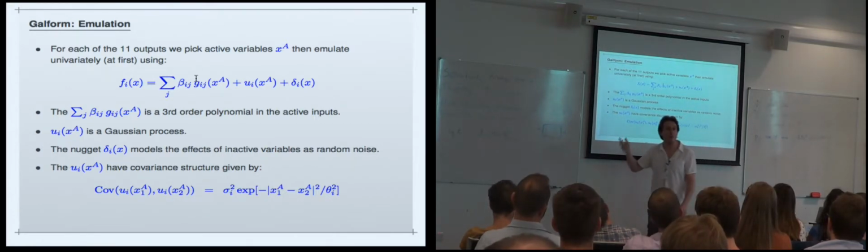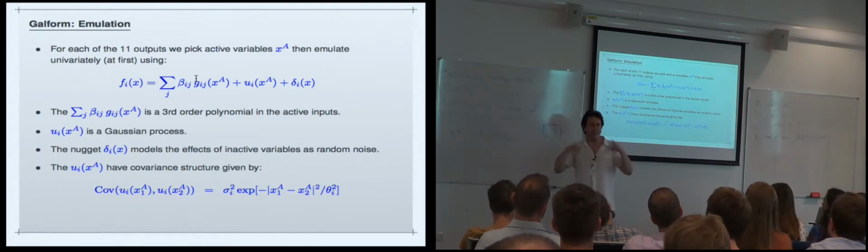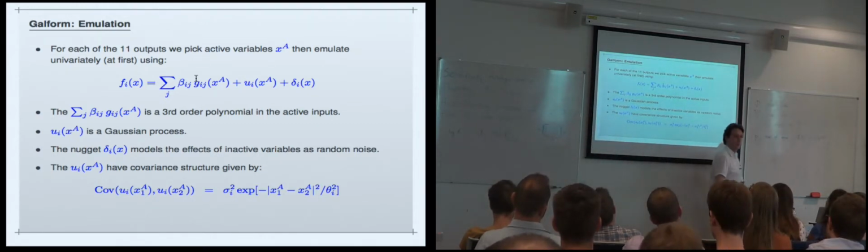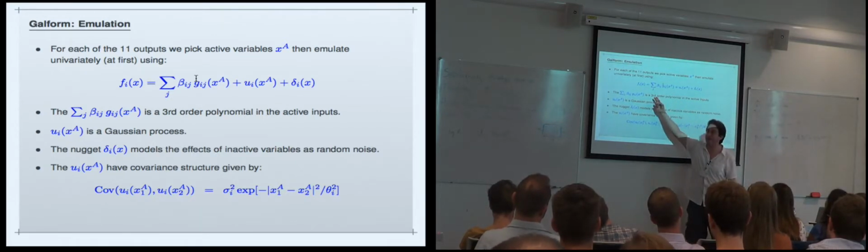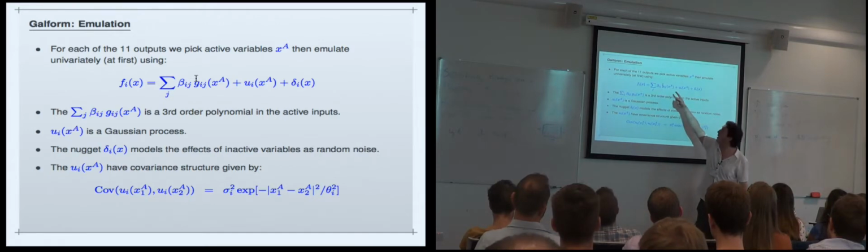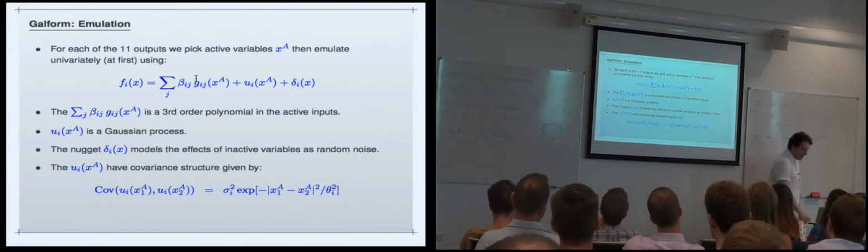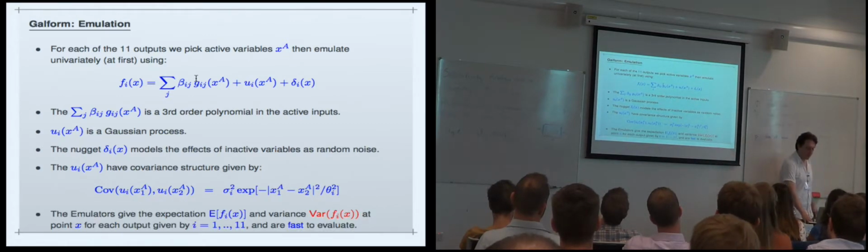That's just like a regression model, right? So I can fit that quickly, have a look at it, and say, actually, this regression model is explaining, say, 90% of the behavior of Galform. Well, that's quite good. I've captured 90% of its behavior in a very simple mathematical expression with very few parameters. And then my Gaussian process is going to suck up the rest, the deviation from the polynomial. So that can be quite a nice strategy. It can bite you sometimes. It can be all right in others.